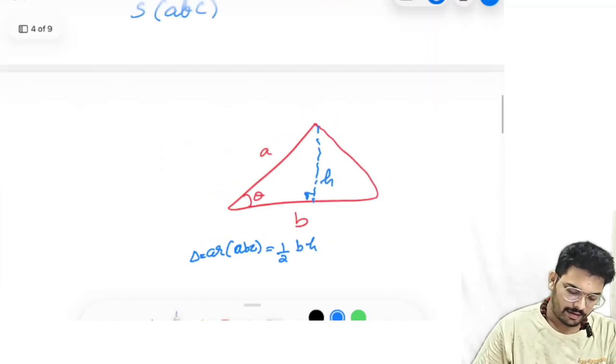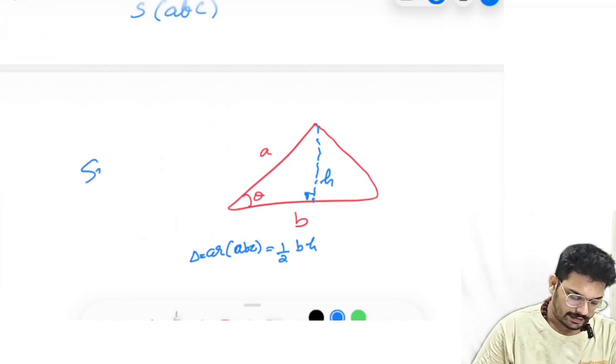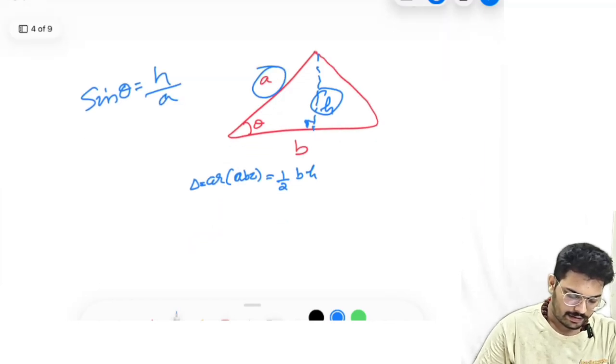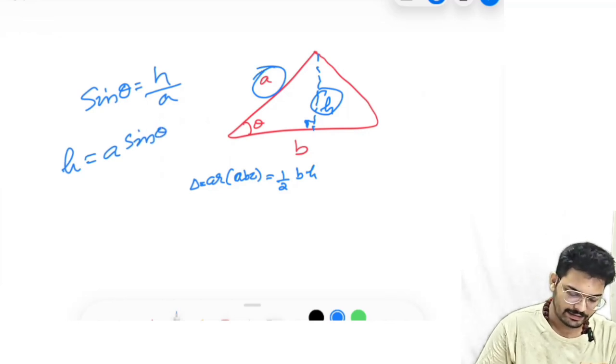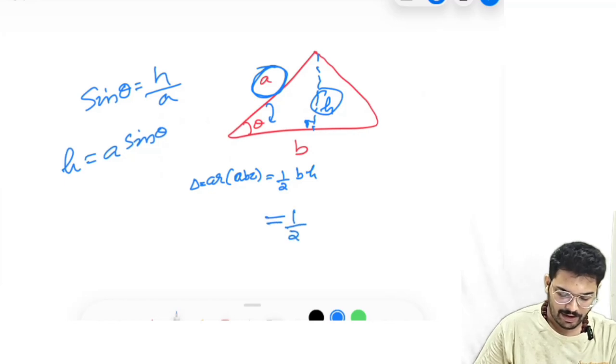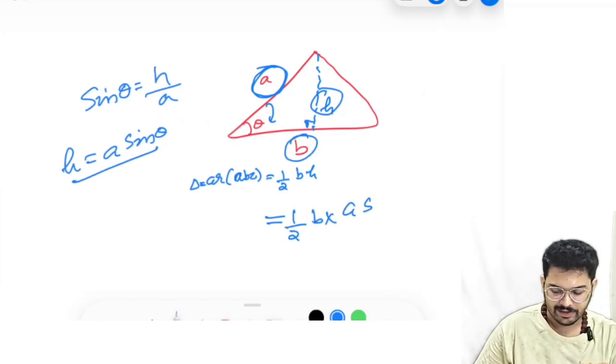Now when you apply trigonometry, what is the value of sine theta? Sine theta will be equal to opposite divided by hypotenuse. That means height will be equal to a sine theta, that is this side into the sine of this angle. So our value will become half into b into h, substituting h as a sine theta.